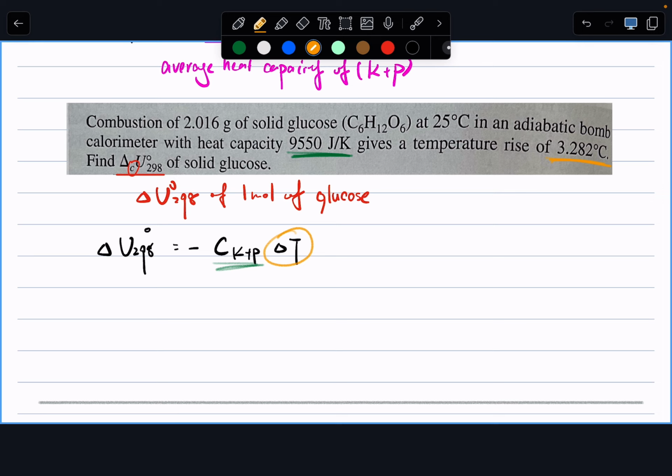So plugging the numbers to get the delta U of this 2 gram of glucose and then transfer it into 1 mole of glucose. It seems 1 mole, not combustion. This one in your textbook, I think I double checked. They say that's 1 mole, but maybe combustion. Let me double check and get back to you. Formation is F. Yeah, true.